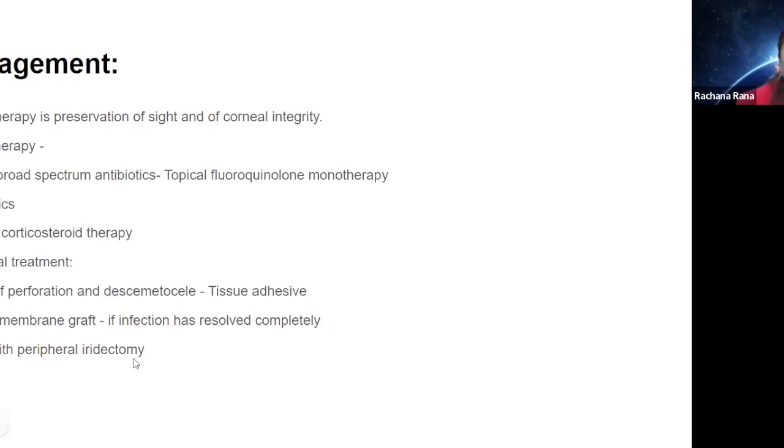Ultimately, lamellar keratoplasty or penetrating keratoplasty with peripheral iridectomy is done. In our setup, as we are a referral center, most of the cases are very deep, with deep stromal involvement, and already infected in the anterior chamber also. So we have to directly go into therapeutic penetrating keratoplasty.